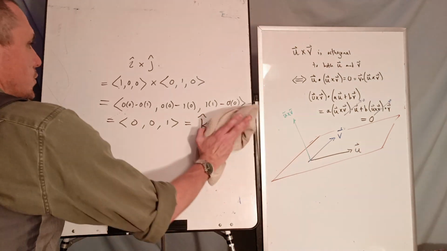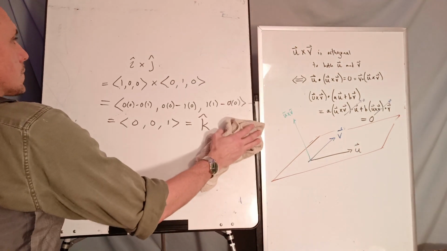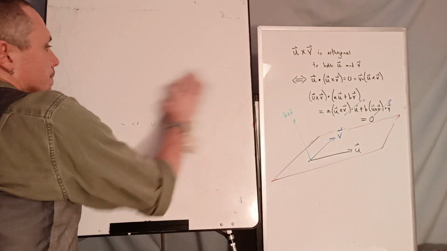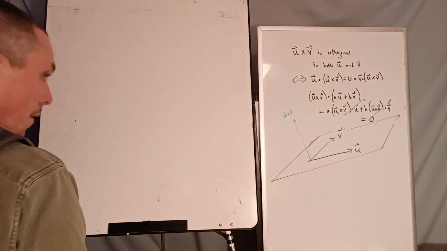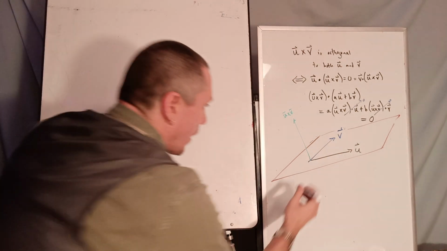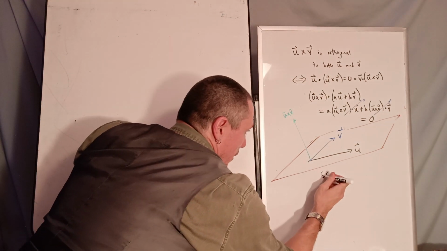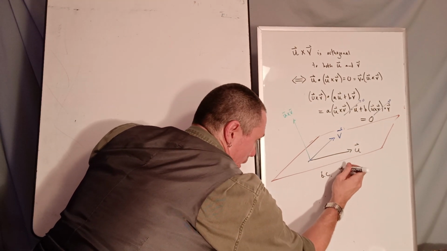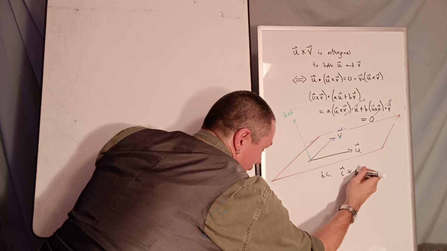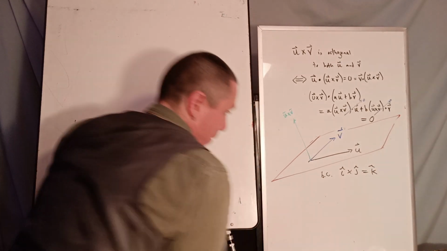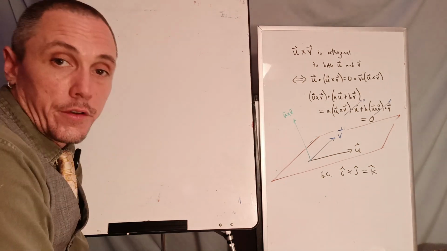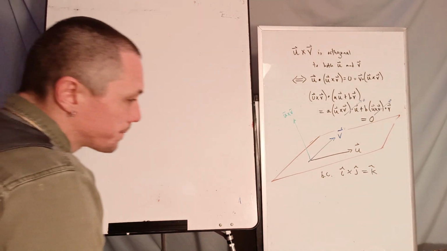So I'm going to erase this one, but I'll just record the conclusion over here. This is because of the way that the cross product acts on the basis vectors of our coordinate system.